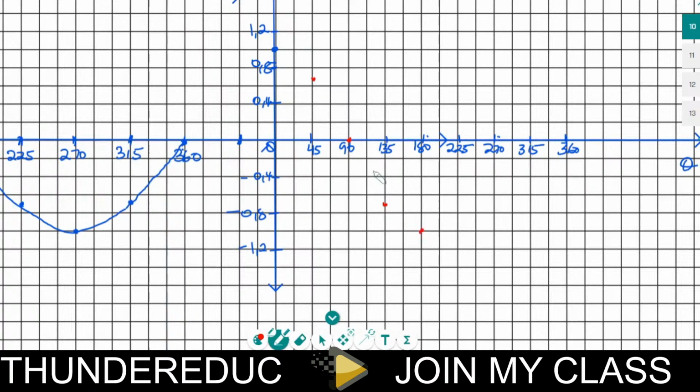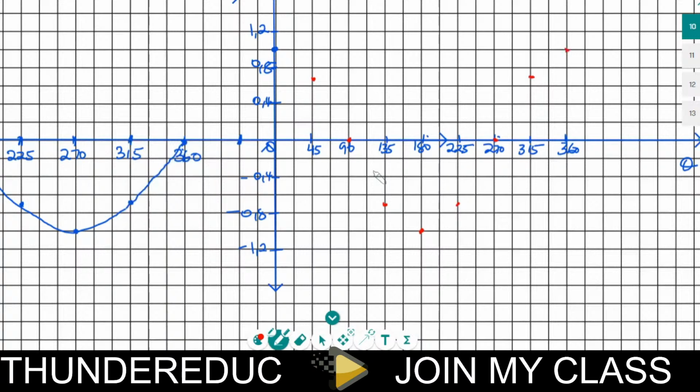Negative 1 is there. And then 225, I'm having negative 0.7. And then 270 is going to be a 0. 315 is positive 0.7, and then 360 is going to be a positive 1.